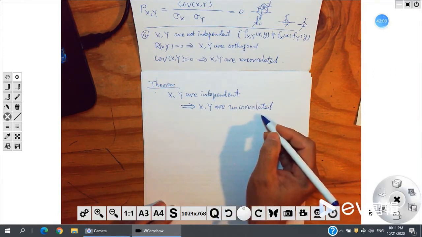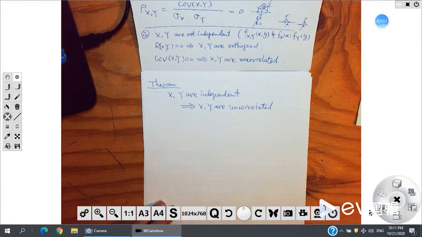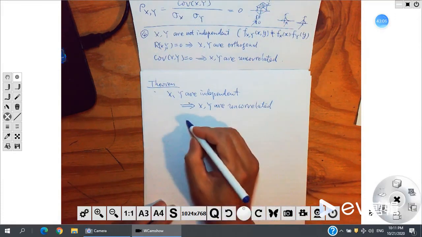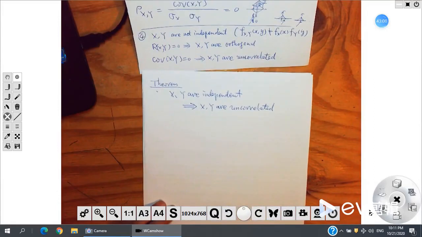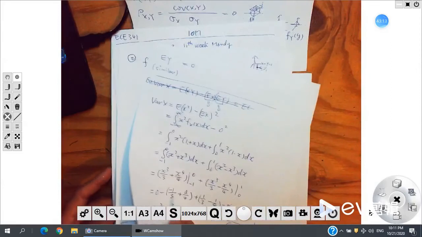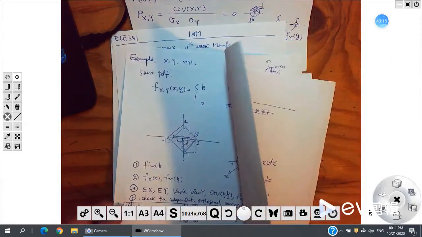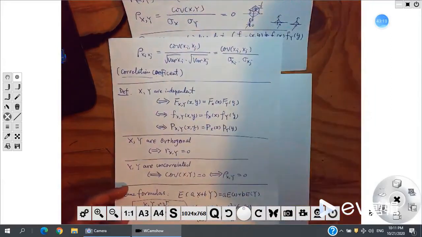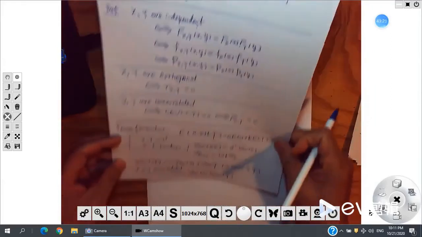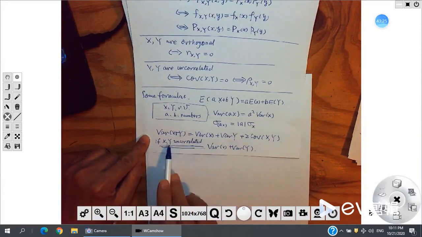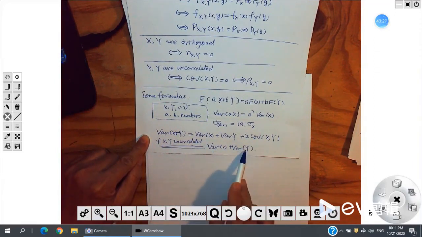And for uncorrelated, we also have a formula, remember? I listed some formulas here for the joint. If they are uncorrelated, then it is this one, because this part is 0. Right?